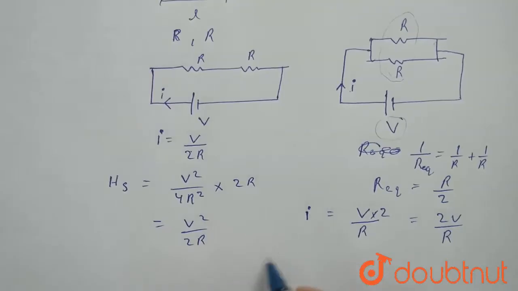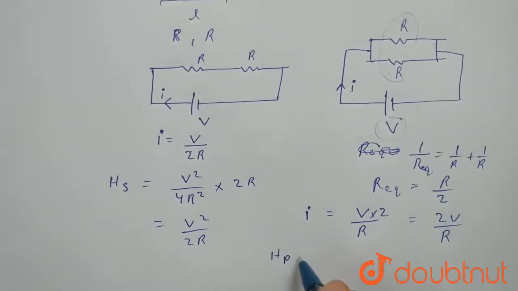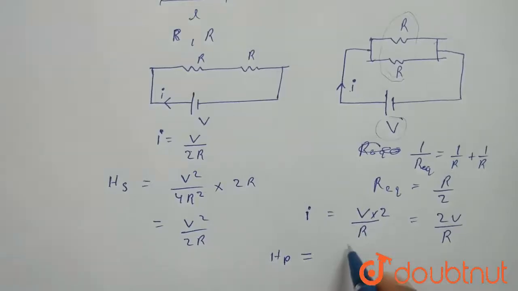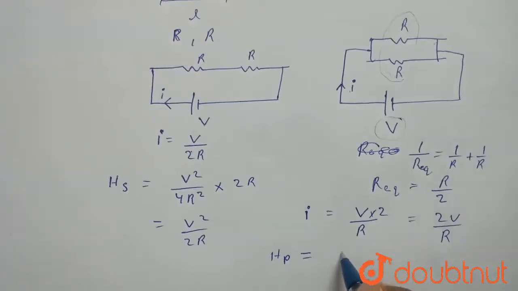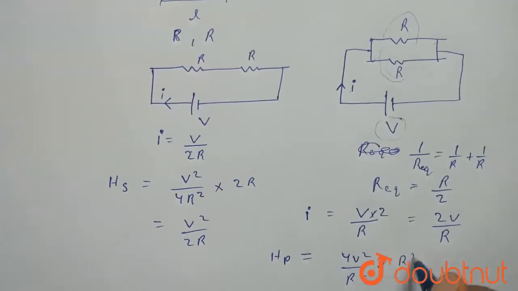And heat produced in parallel, let's say HP, will be I square R, which is 4V square upon R square into R square by 4.